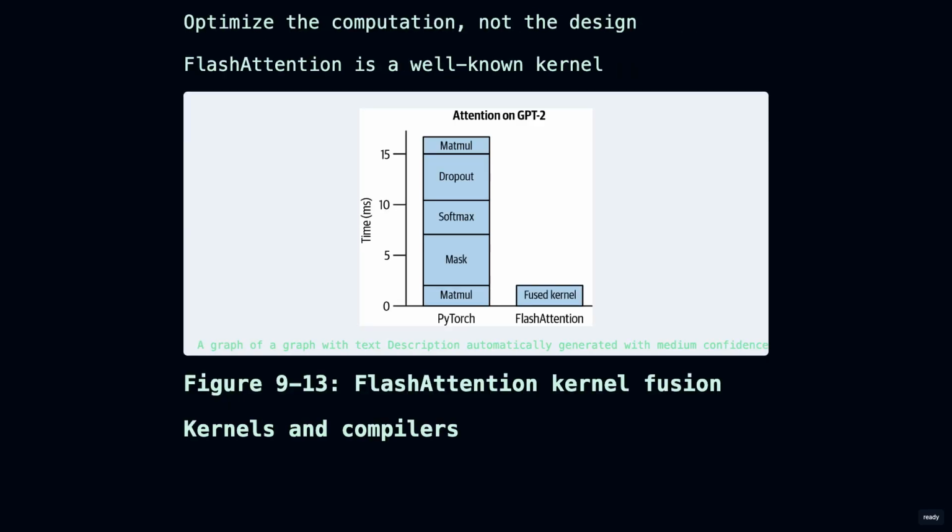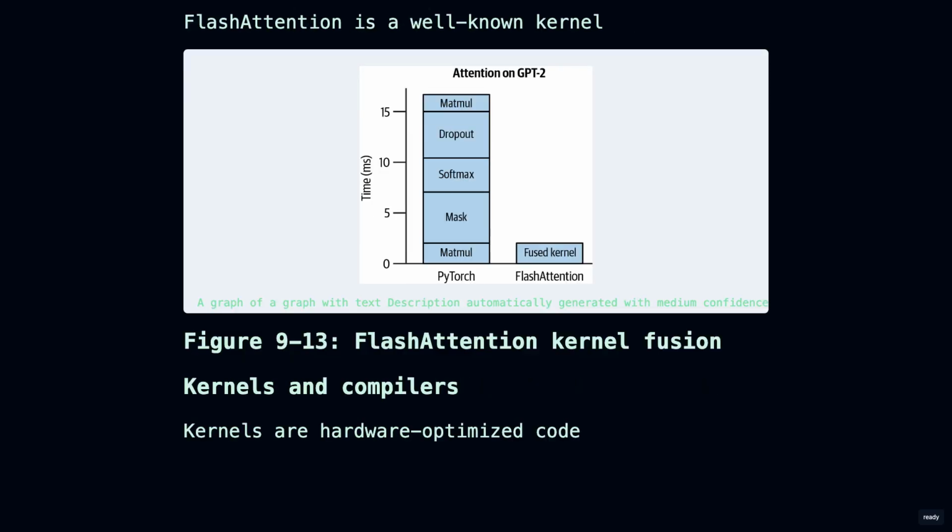Now let's zoom out from one kernel to the broader tooling around kernels. Compilers and specialized code generation help connect model code to the hardware that runs it. Kernels are small, specialized routines tuned for GPUs, TPUs, and other accelerators.